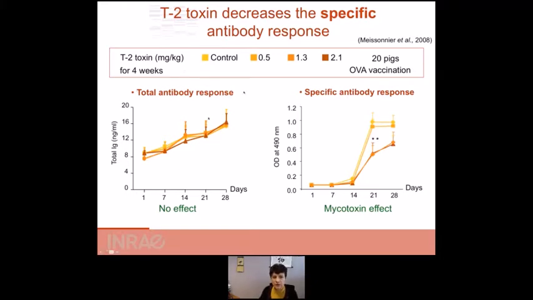When we look at the total antibody response, you clearly see that there was absolutely no effect. But when we look at the specific antibody response, meaning the antibody response toward the vaccine, you clearly see that the group of animals receiving the highest level of mycotoxin had a reduced antibody production compared to the control animals or the animals receiving the lowest dose of mycotoxin.